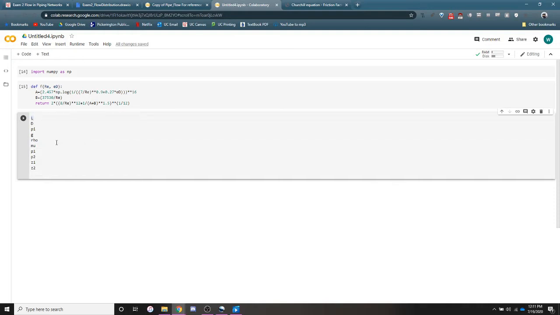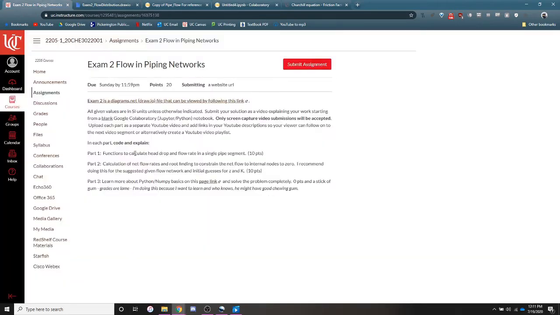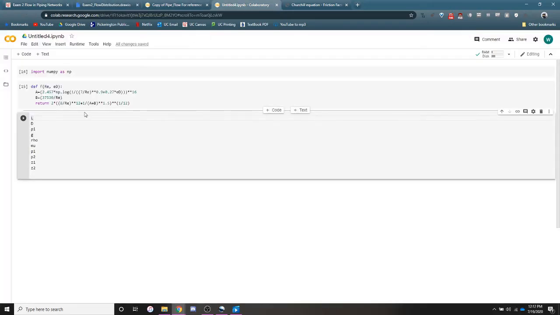So the problem here doesn't really specify which values to use for the single pipe segment, so I'm just going to put in some numbers. We're going to call L 110 meters.